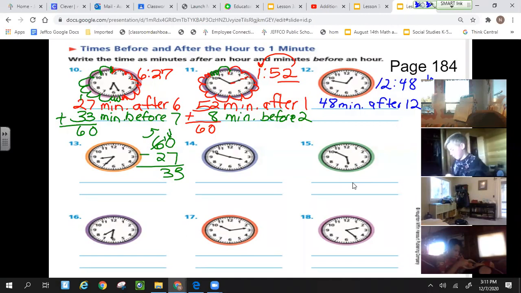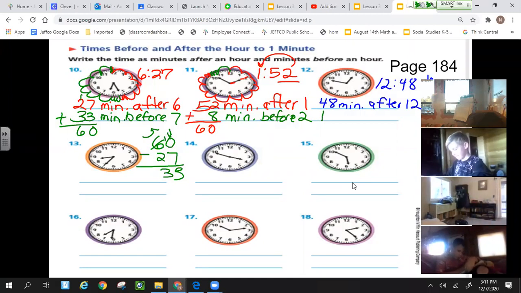Okay, what about before? You could do 48 minutes. Wait, no. Maybe 12. You could do 48 minutes after 12 and before 12. You had it. 48 minutes after 12.